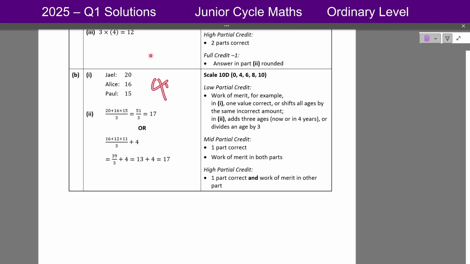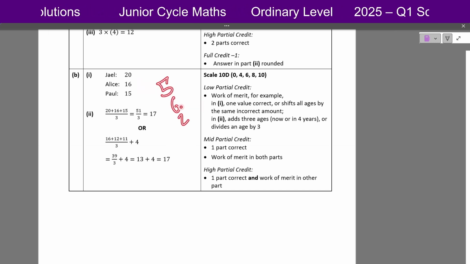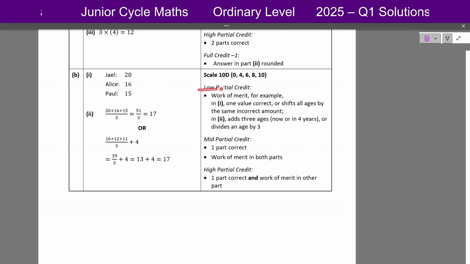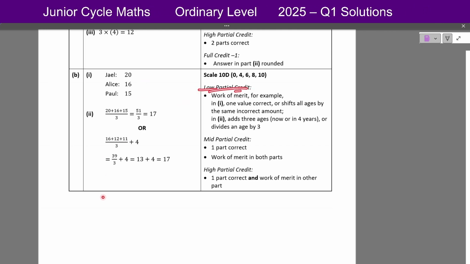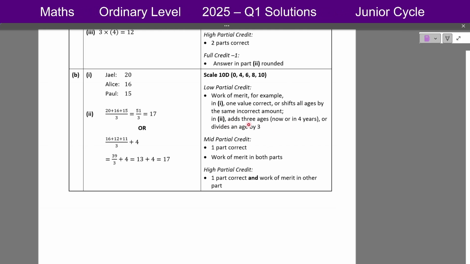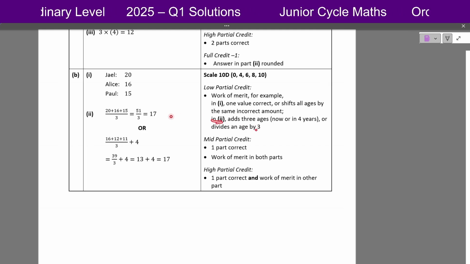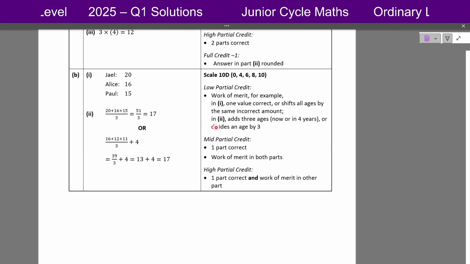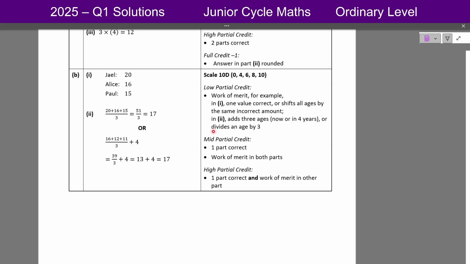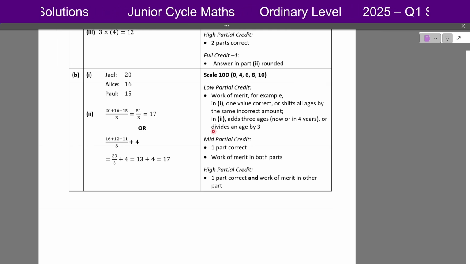If we wrongly added another value, like for example 5 or 6 or 2, then we will be under this category, low partial credit. Also if we add divided by 3 in section 2 here, we make some mistakes in the second part as well.